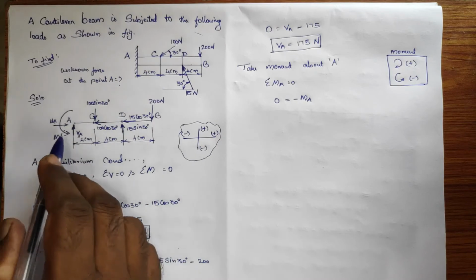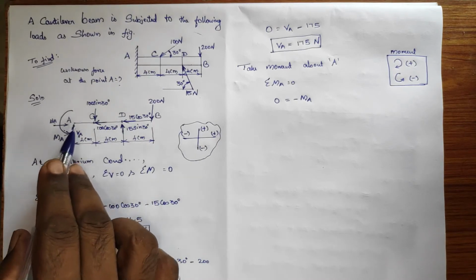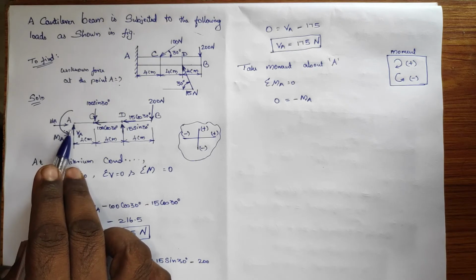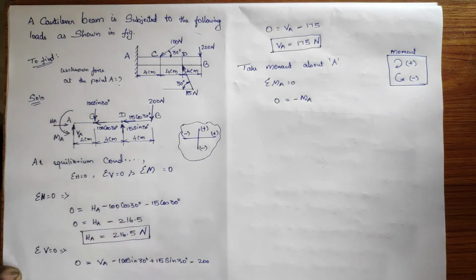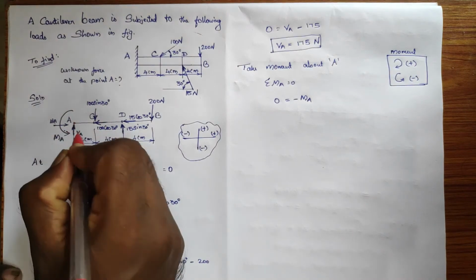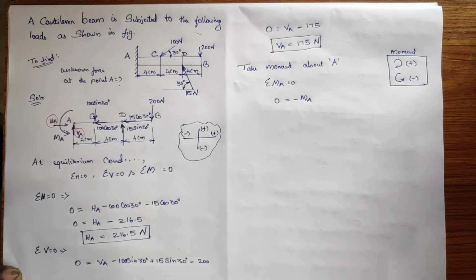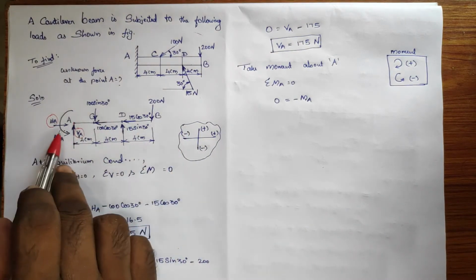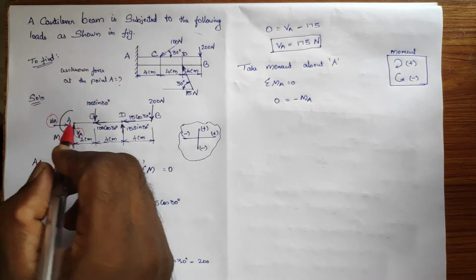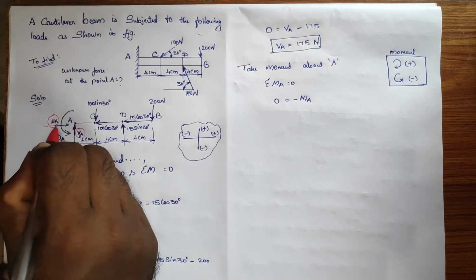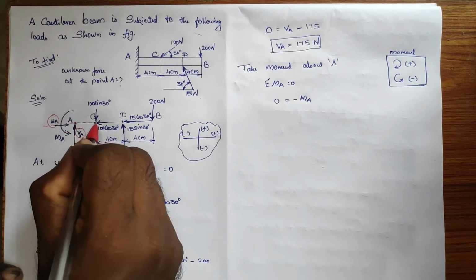And the force acting at a point gives 0 moment because there is no perpendicular distance. That means at the point A, VA force is acting and HA force is 0. If you want to check the other forces, try to draw the horizontal line first.